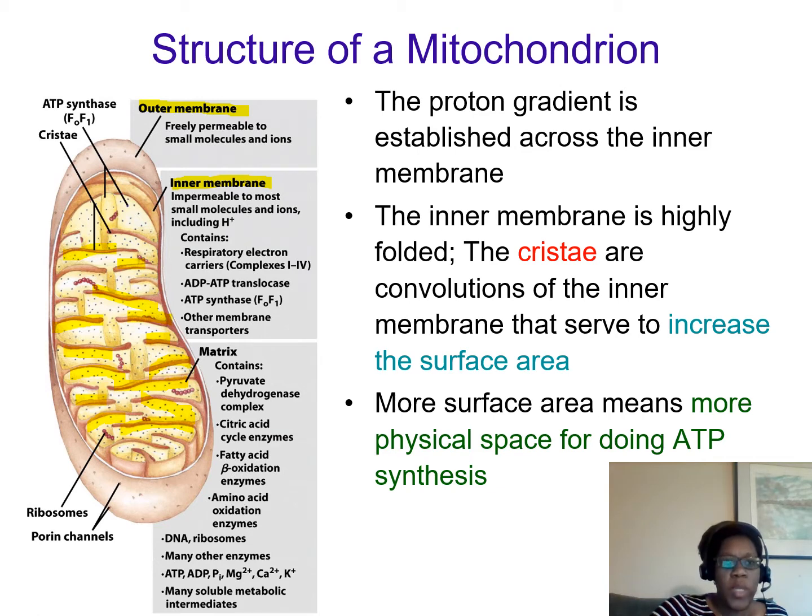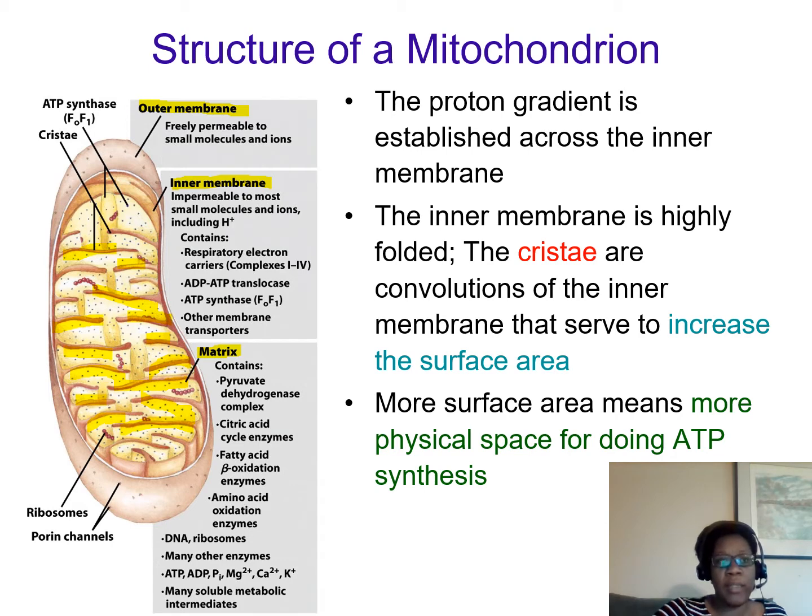All right, so then we have our matrix. We're not going to focus on the matrix too much, but we saw that our pyruvate dehydrogenase complex, our citric acid enzymes, our beta oxidation enzymes, they occur in the matrix.